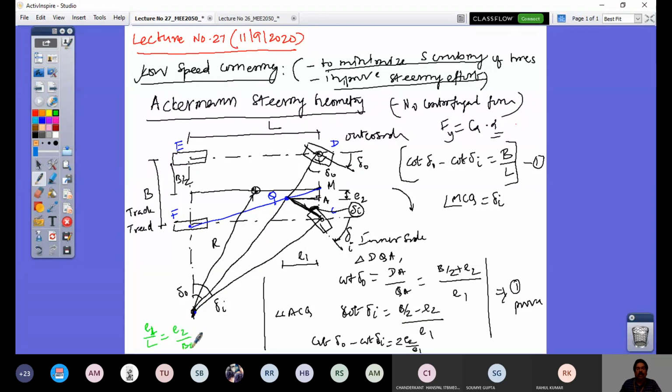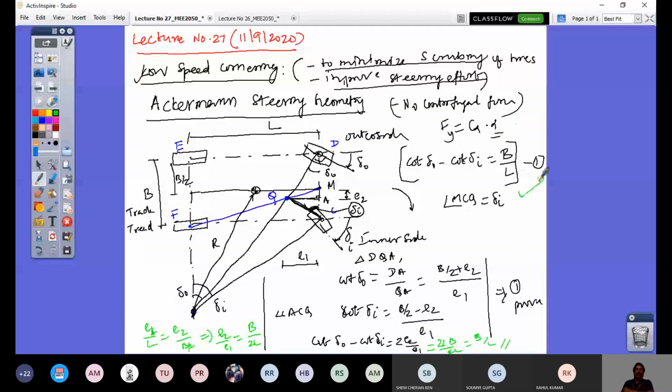I needed E2 by E1 in terms of B and L so that I can replace it here. So E2 by E1 is going to be B by 2L. If I substitute that here, 2B by 2L, the 2 goes, and I get B by L. Simple proof of equation 1 is done.